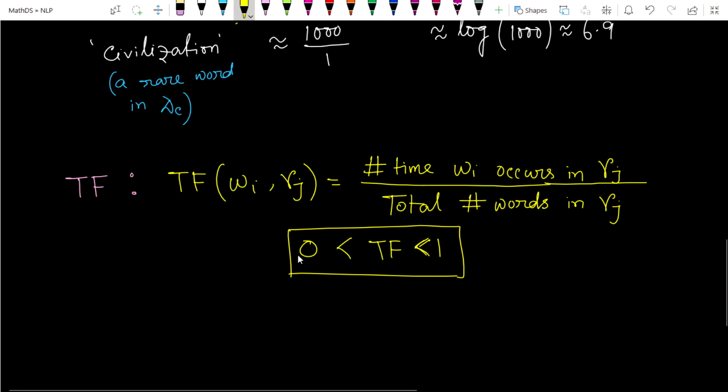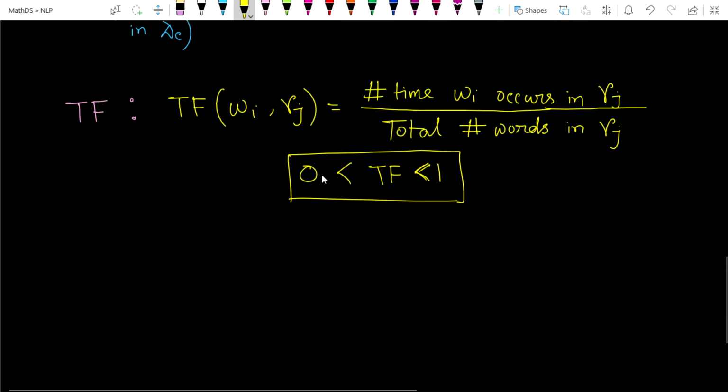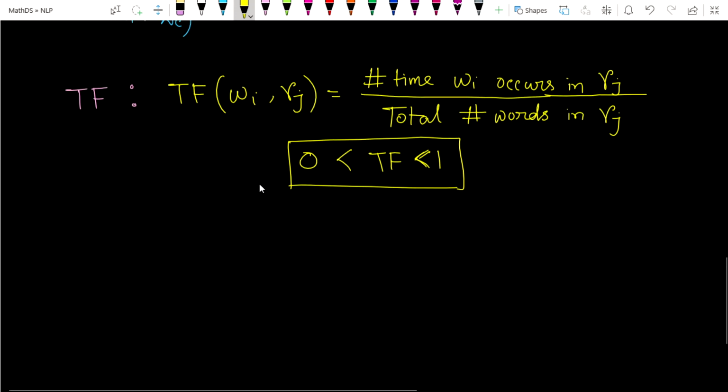Because of these reasons, the IDF dominates the term frequency.